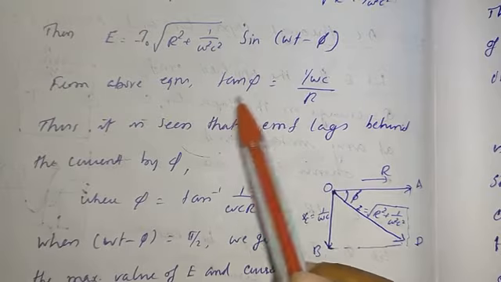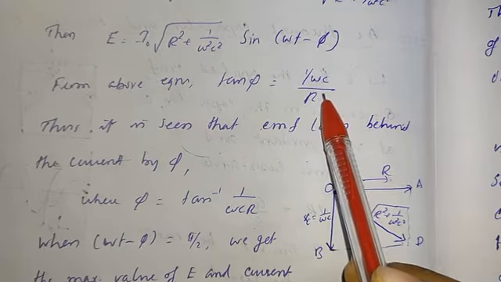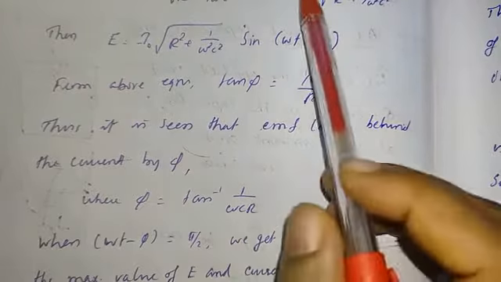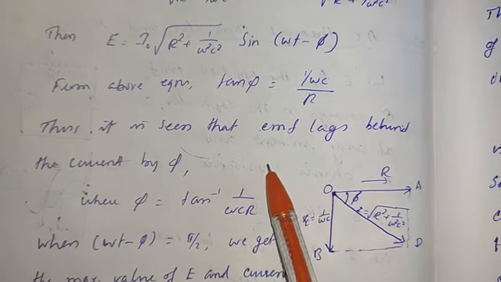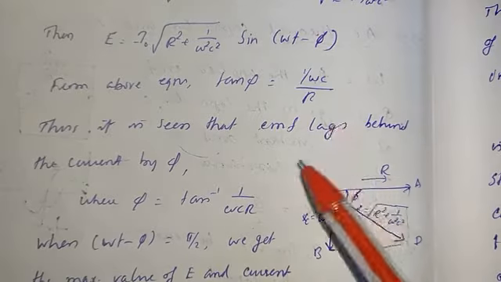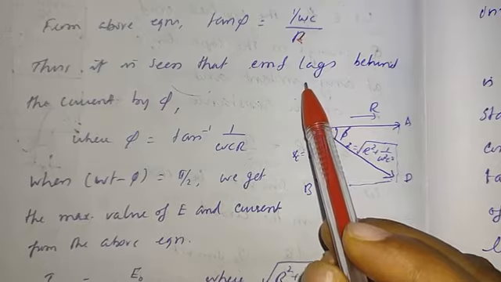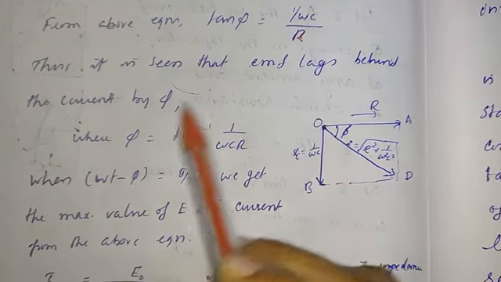From the above equation, tan phi is equal to 1 by omega C R. Thus it is seen that EMF lags behind the current.